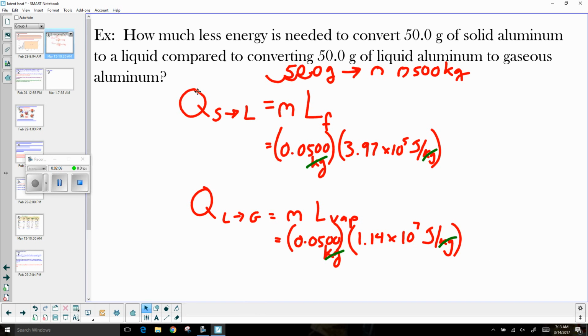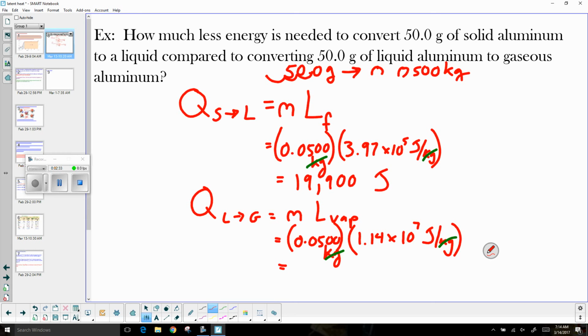And I can now find how much heat is needed in both these cases to change between these states of matter. 0.05 times parenthesis 3.97 times 10 to the 5th. First case I need, with 3 sig figs, 19,900 joules.